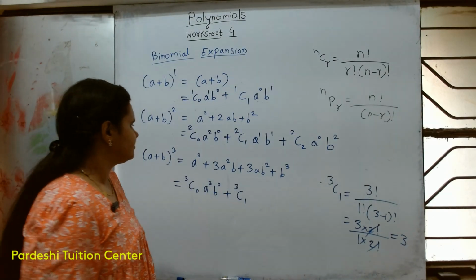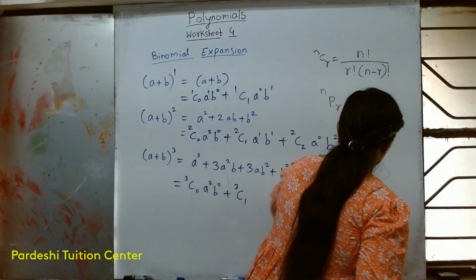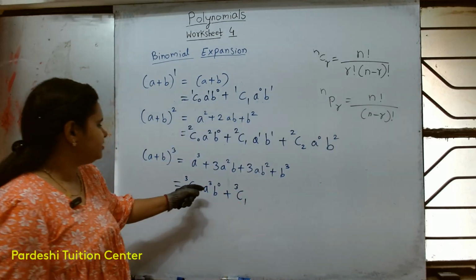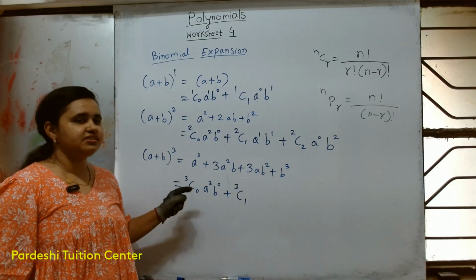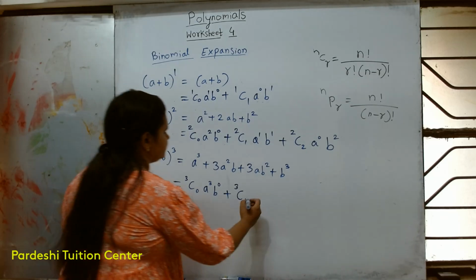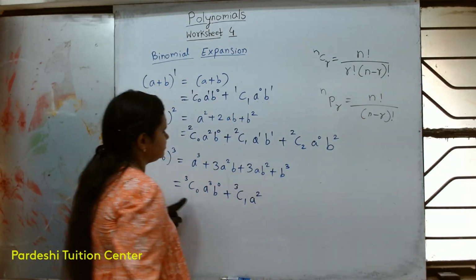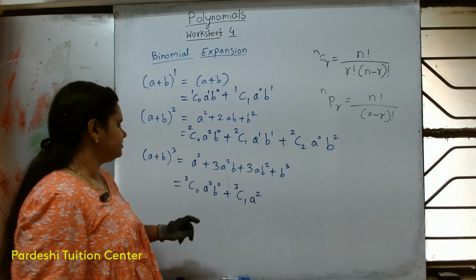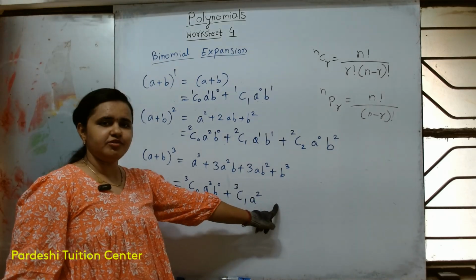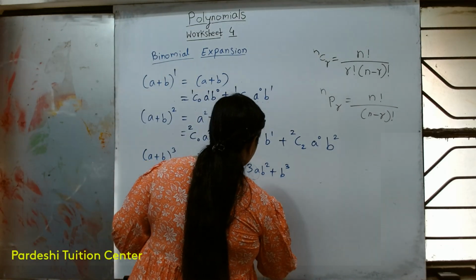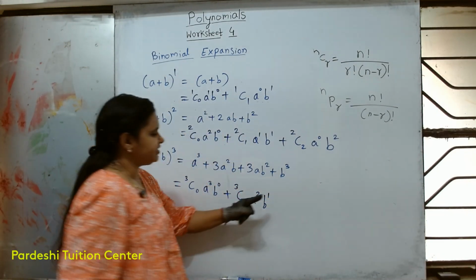Okay. Now again here it is a cube, the power of a is decreasing, so it will be a square, here also it is a square. Okay. Now b to the power 0, what will be next? It will be b to the power 1, the power of b is increasing. Okay.